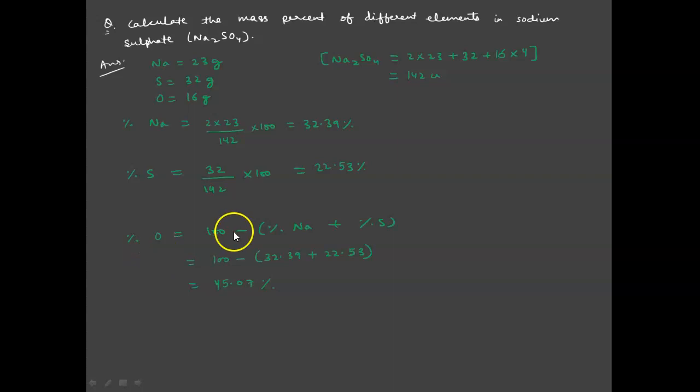For oxygen, we will do the similar thing as we have done in the previous question: 100 minus the percentages of the other two components, percent of Na plus percent of S. So 100 minus (32.39 plus 22.53) comes out to be 45.07. Again, you can check the answer by adding 32.39, 22.53 and 45.07, which comes out to a total of 100%. So these are the two questions based on percentage composition, mass percentage.